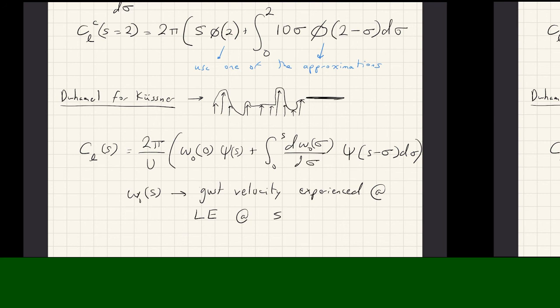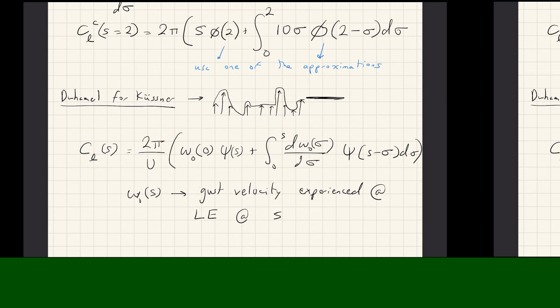In inertial frames, if you're not sitting on the wing, if you're observing from the outside, you see a wing traveling into a gust, and the gust doesn't vary with time, it just varies with space.